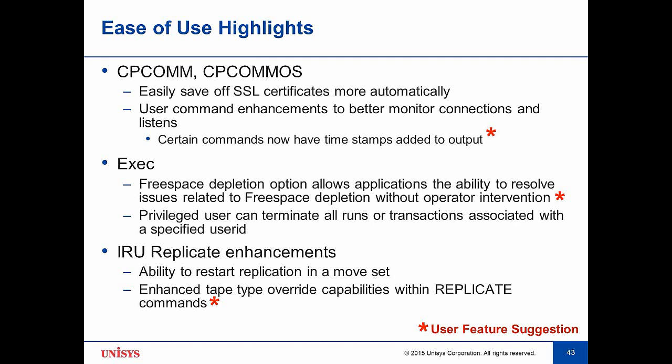The privileged user one, the second bullet there, has to do with globally terminating all activities associated with a specific user ID. That might be used, for example, by some intrusion detection software. If something's going on, a privileged program can quickly go and terminate all activities for a particular user ID.